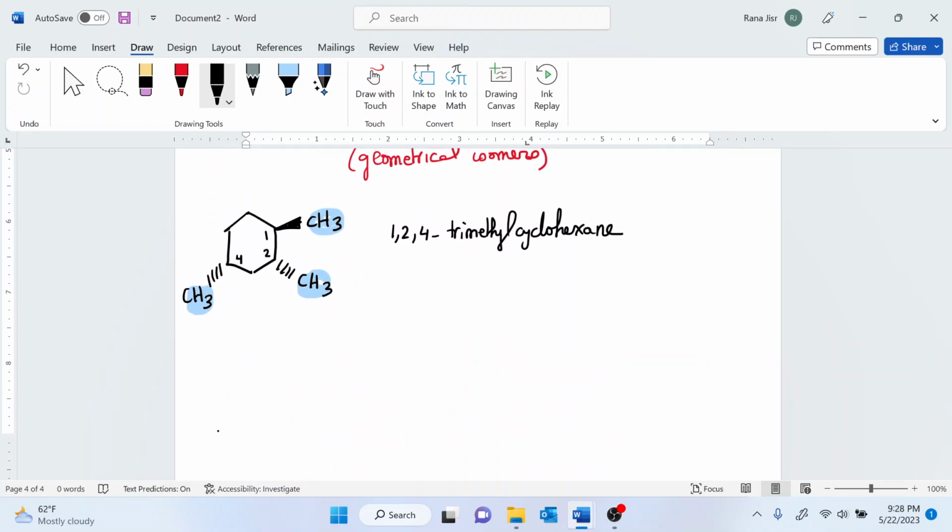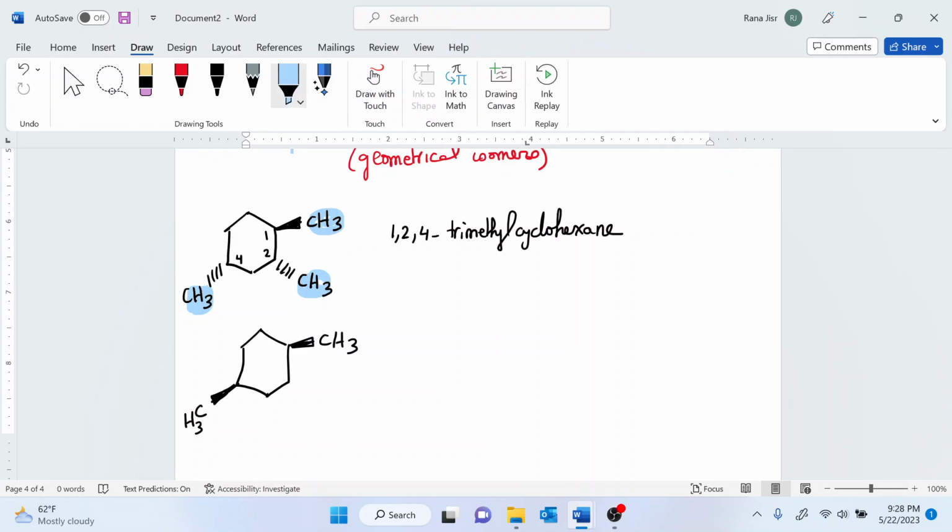On the other hand, if I have the cyclohexane, and if I have my two CH3s pointing up the cycle, something like that, okay? So now my substituents on the cycle are 2, not more than that. So now I can use the cis and the trans.